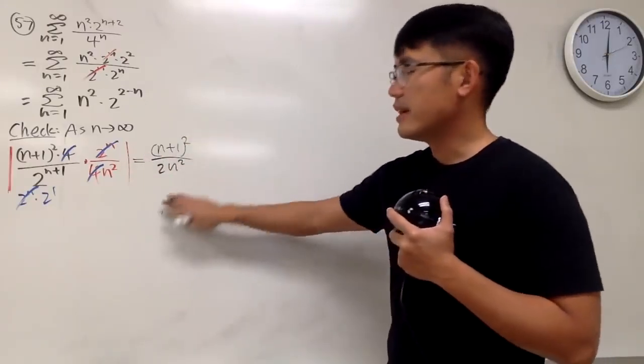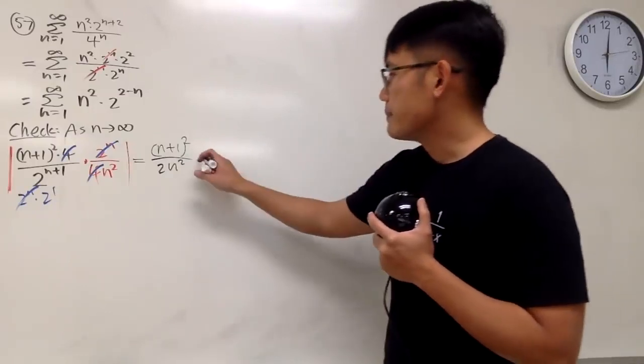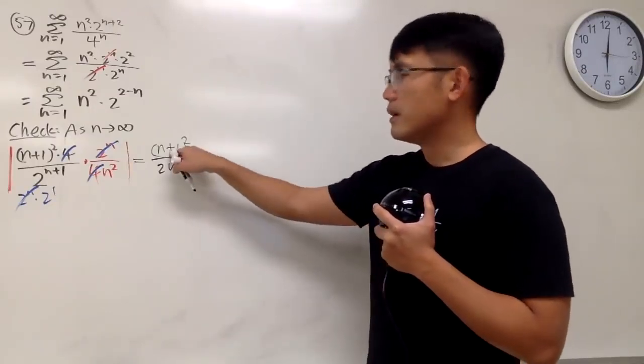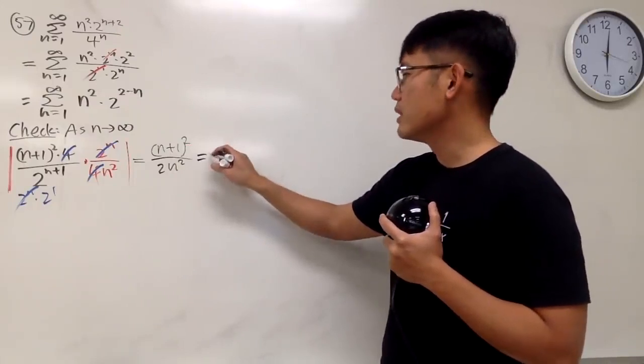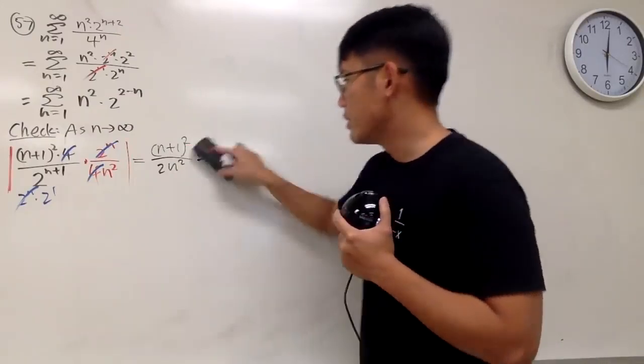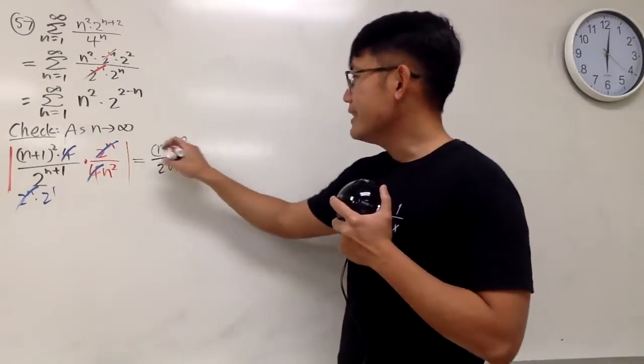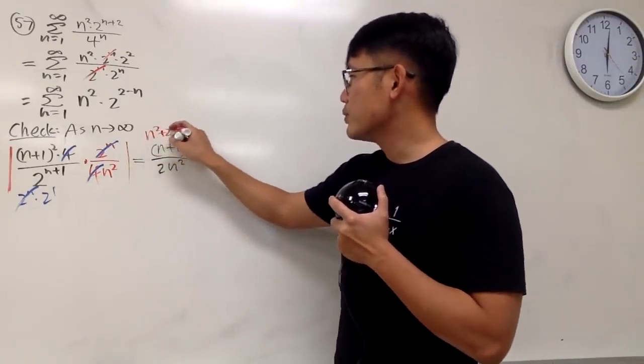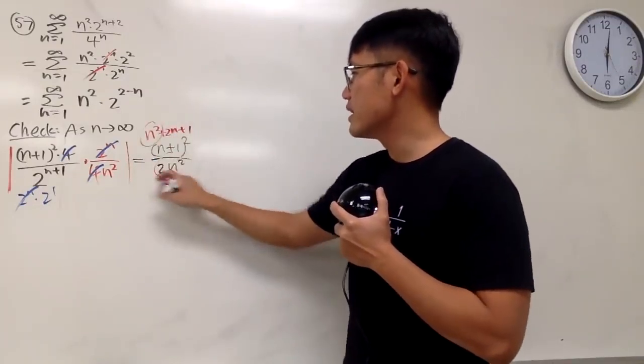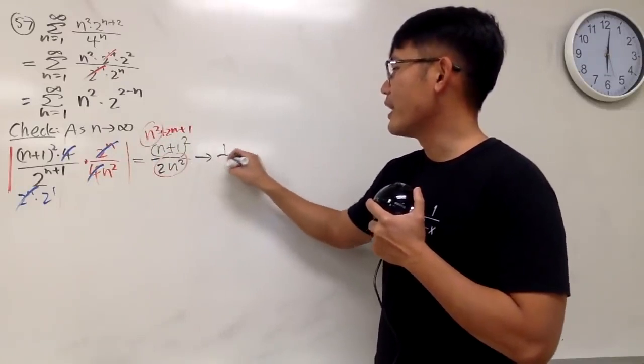But if this is n, you have to use the fact. Just to show you, we can actually multiply it out. This is the same as n squared plus 2n plus 1. Take this over that, so you get 1/2.